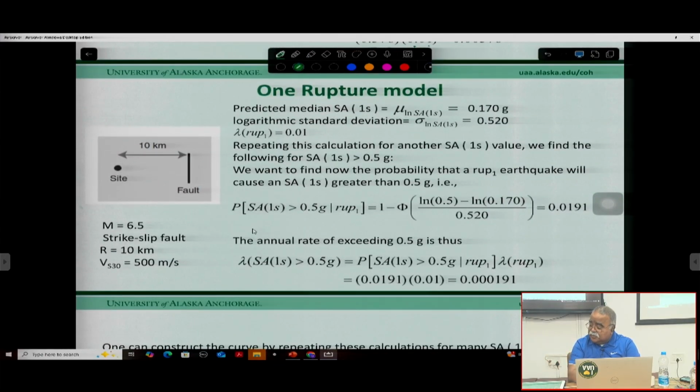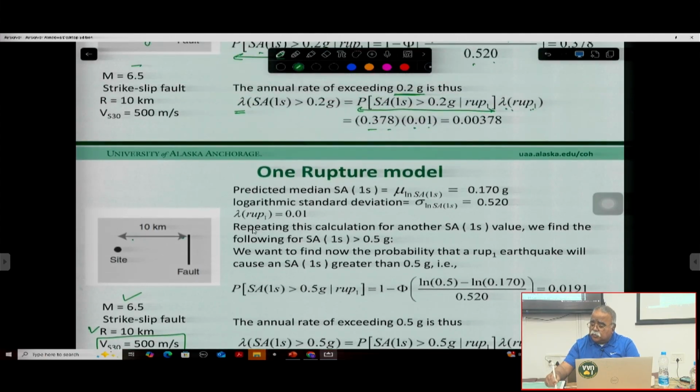Let's see, the magnitude is 6.5, strike slip, and the distance is 10 kilometers. Vs30 is the same, true for this one too. I have not changed anything, I only said that this site will register 0.5 g. So what is the probability that this site can have 0.5 g with these ruptures? That is what we need to calculate.